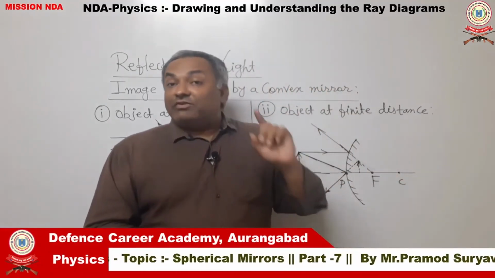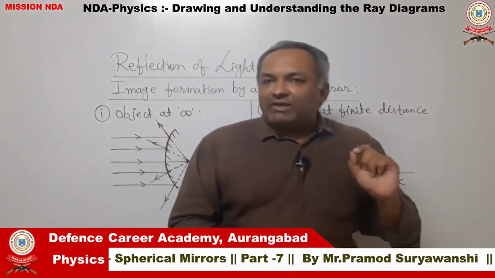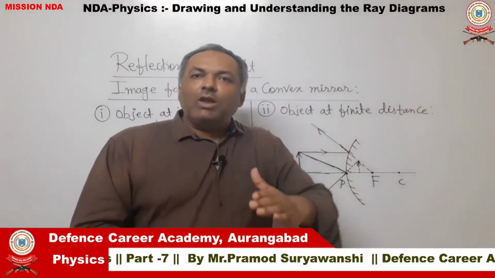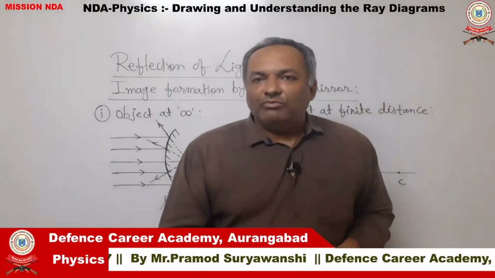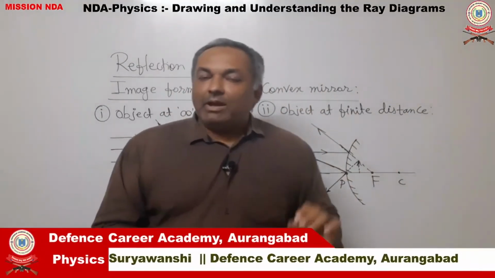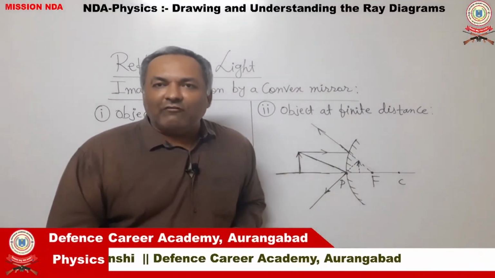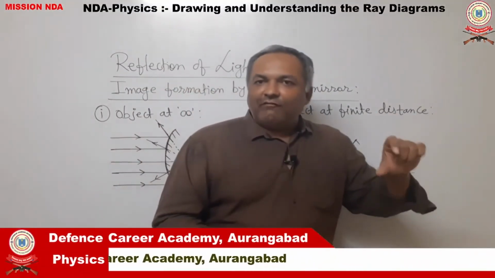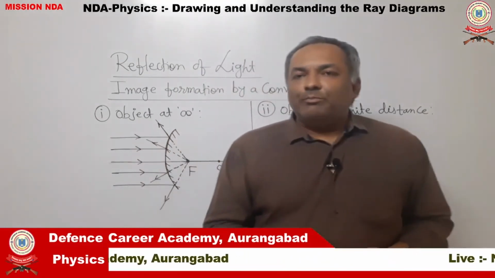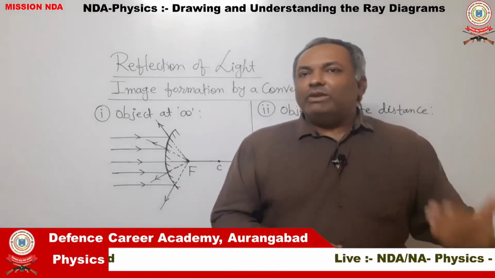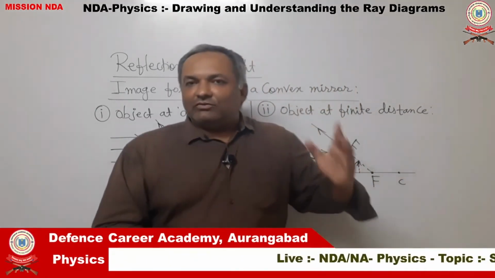If the image is virtual, it is always erect and it is behind the mirror, that is on the opposite side of the object. So these two generalizations you can make, but only in case of mirrors. For lenses there will be different points. For mirrors, only these two important points are valid for all conditions. That is why we say generalized conditions.